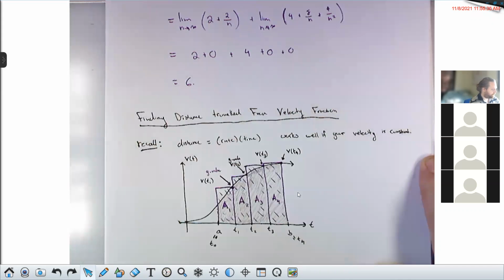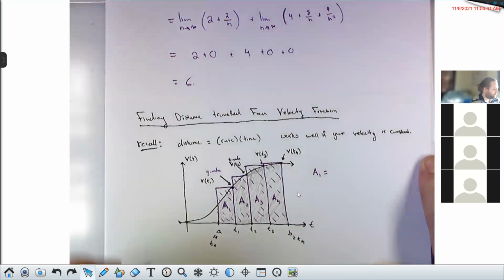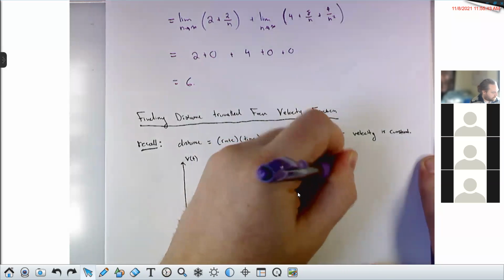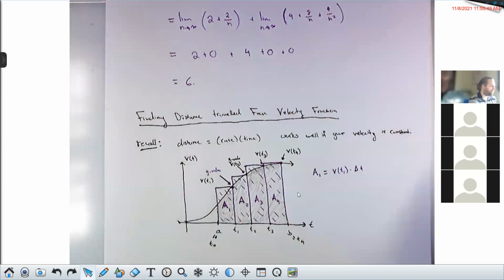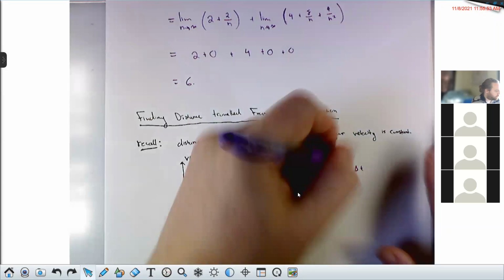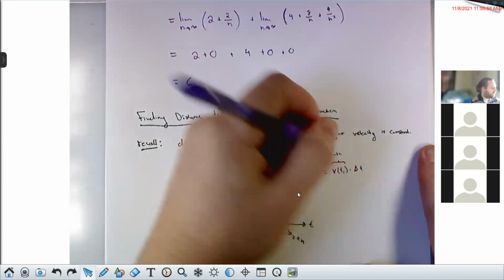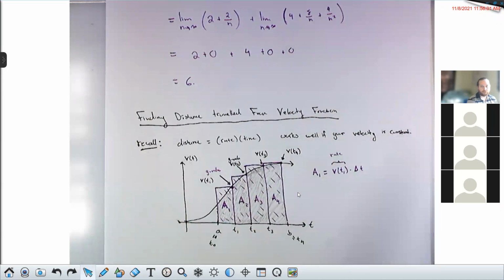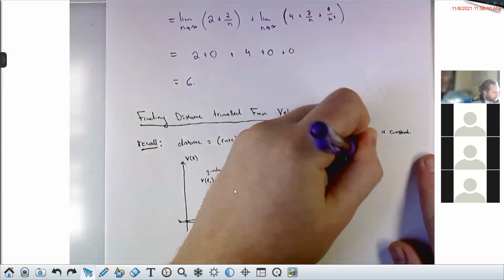So A1 is v of t1, that's the height, times delta t, that's the width. V of t1, this is a rate. It's a velocity. It's how fast I was going at the time t1. And delta t, this is a time.